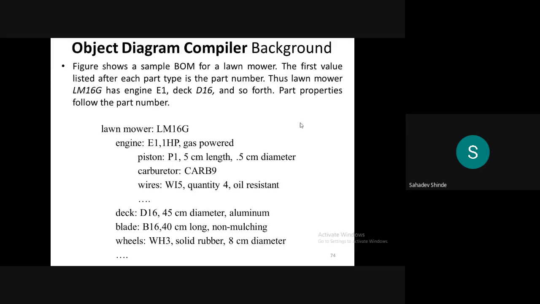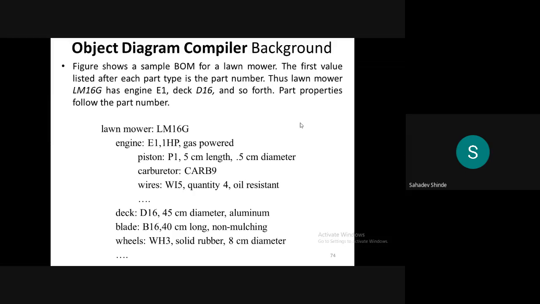The figure shows a sample bill of material for a lawnmower. The first value listed after each part type is the part number. Thus, lawnmower LM16G has engine E1, deck D16, and so forth. Part properties follow the part number.